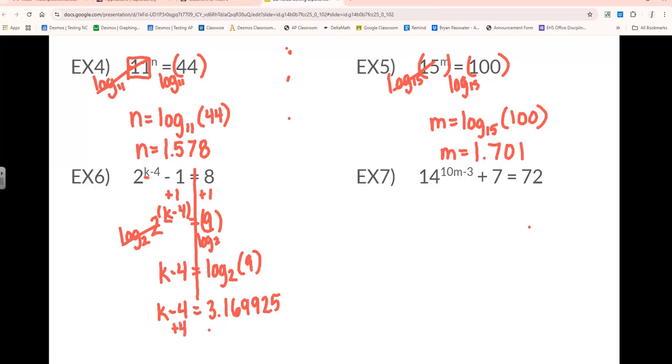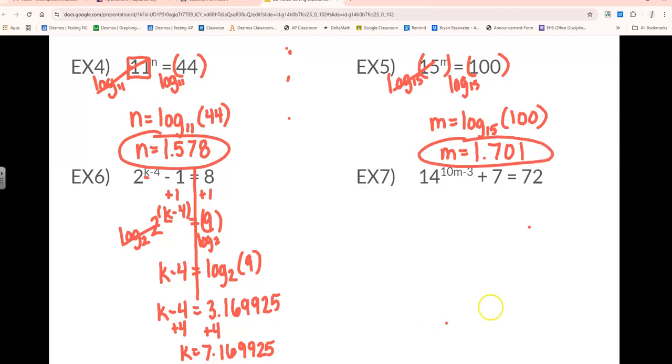And then we just need to add the 4. Well, actually, that's pretty easy there, right? We just got 7.169925.